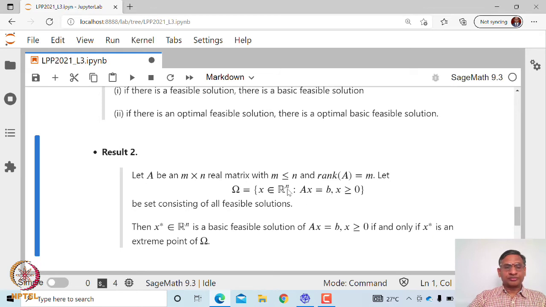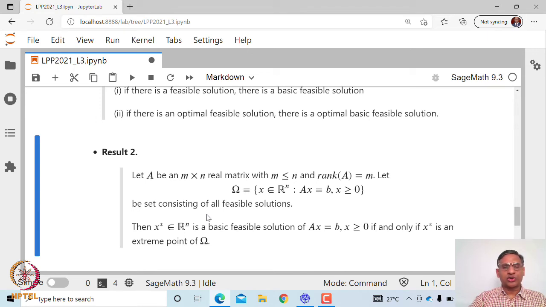Okay. So this second result tells me that if I have to solve this linear programming problem, all we need to do is find all these corner points or extreme points, and that's exactly what we did when we solved the problem using the graphical method.